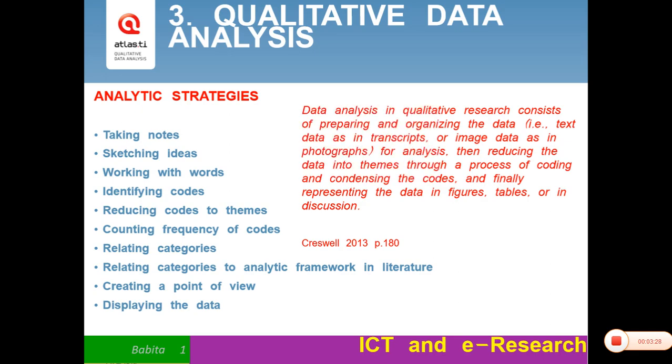Data analysis in qualitative research consists of preparing and organizing the data for analysis and reducing the data into themes through a process of coding and condensing the codes, and finally representing the data in figure, table, or in discussion.